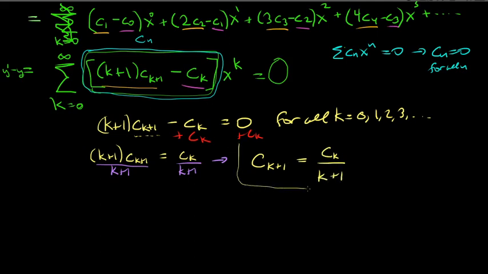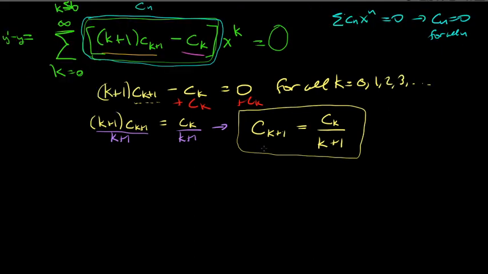Now, obviously, this is not the solution, but this is a very important equation. It's a relationship between the various values of c, some in terms of ck, some in terms of ck plus 1. In some equations, you might have ck plus 2, but in this case, this is a relation between the c's. And so we call this a recurrence relation.